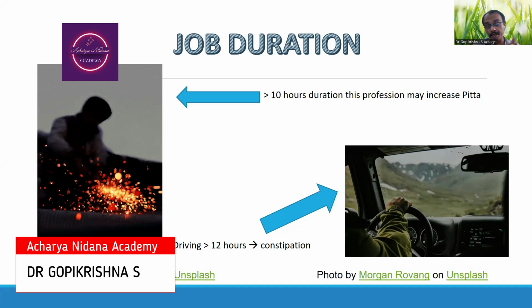Whereas in the second occupation, if he has driving as a profession, and is driving the vehicle for long drives, the most common presenting complaint the person may develop will be constipation or alimentary canal disturbances because of the change in routine diet.